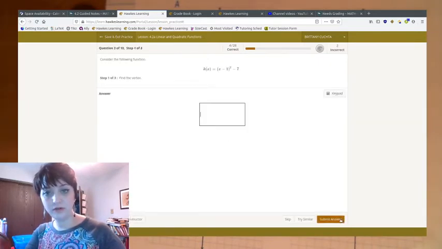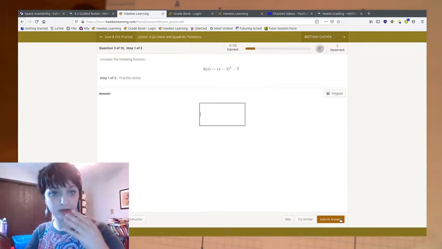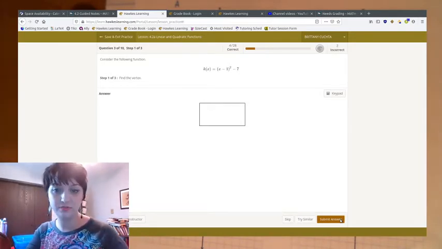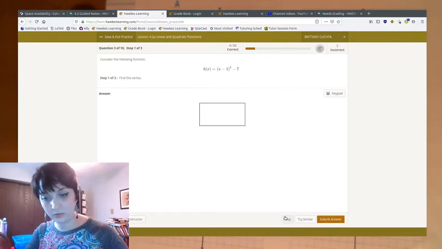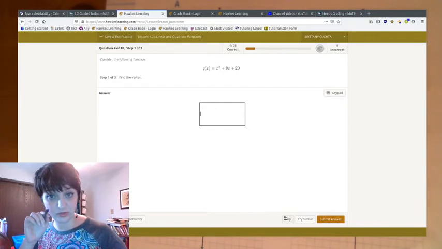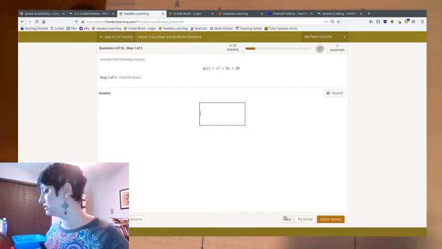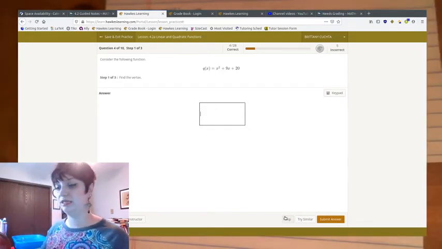So this next one that I have pulled up is the exact same thing. You know, find your h and k, find your intercepts. What might be a little bit harder is if it's in this form. So let's look at a problem that's in that form.